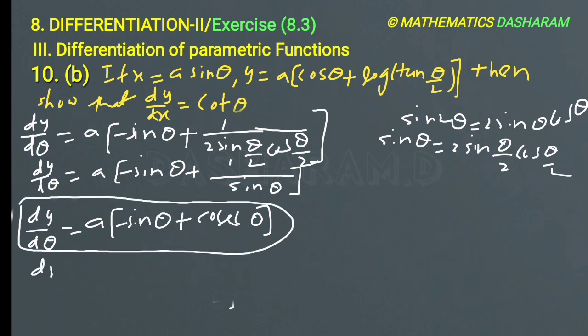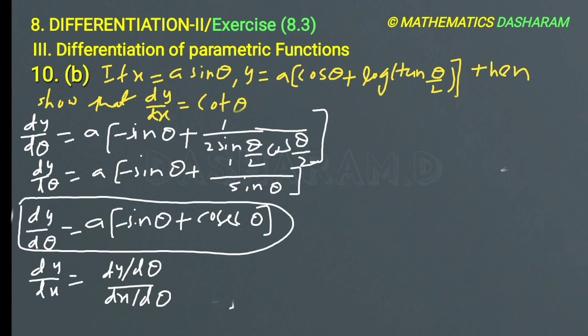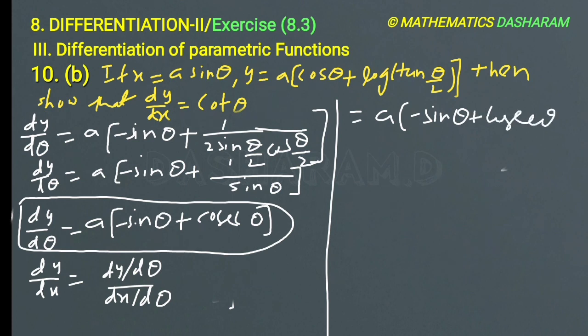Next we need to find dy by dx. That means dy by d theta divided by dx by d theta. So dy by d theta is a bracket of minus sin theta plus cosec theta, divided by dx by d theta, which is a cos theta.